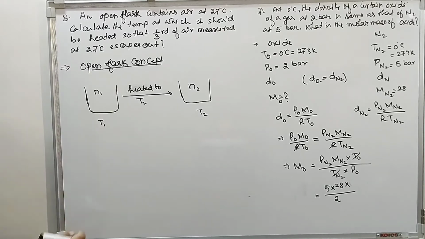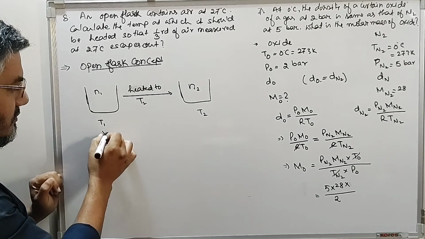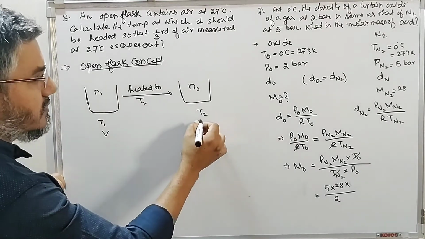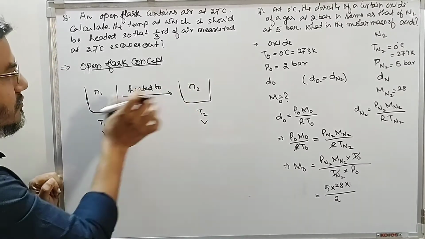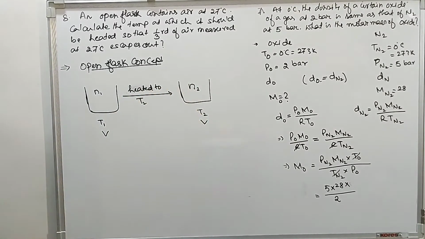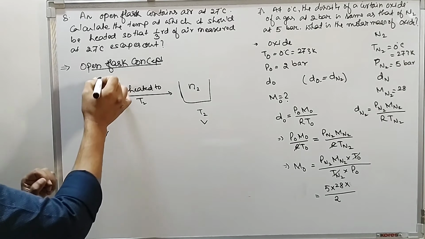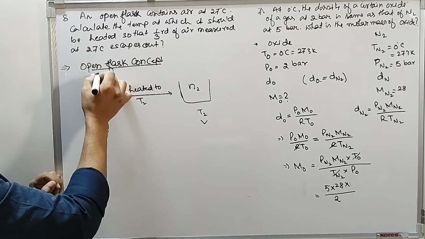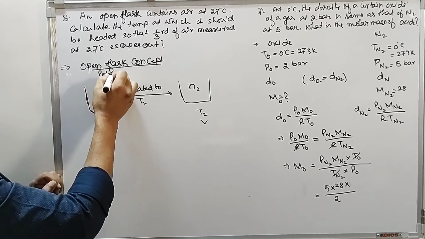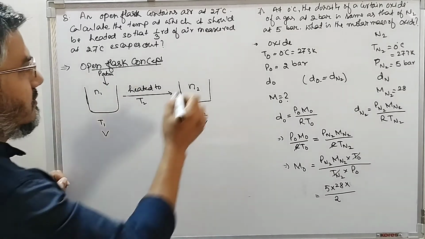Now the container is open. So look at this. This is the volume. The volume will remain the same because both are the same container and the container is open. Since the container is open, the pressure acting, that is P atmosphere, acts on the container.